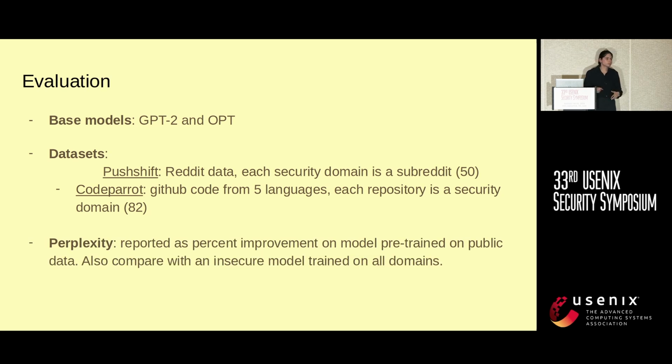We measured performance through perplexity on the language modeling task, and we reported a percentage improvement on a pre-trained publicly available model. We also had a comparison with an insecure model that is trained on all of the security domains, so we had 2 baselines.